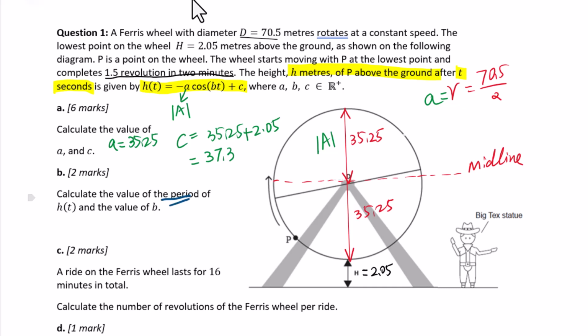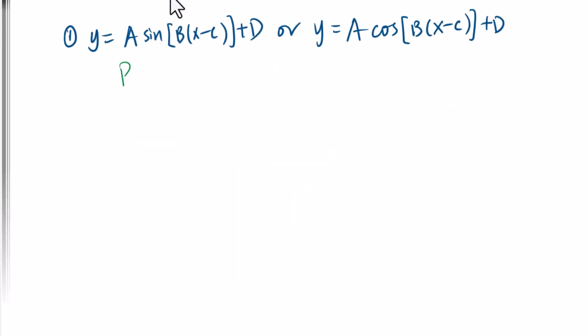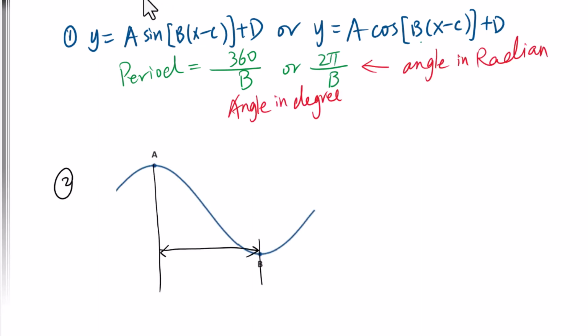Calculate the value of period. Let's talk about period. If you are given a function, then period equals 360 over b or 2 pi over b. If you are given a graph, let's label the coordinate for A as x, capital M, the maximum, and for B as x, lowercase m, the minimum.